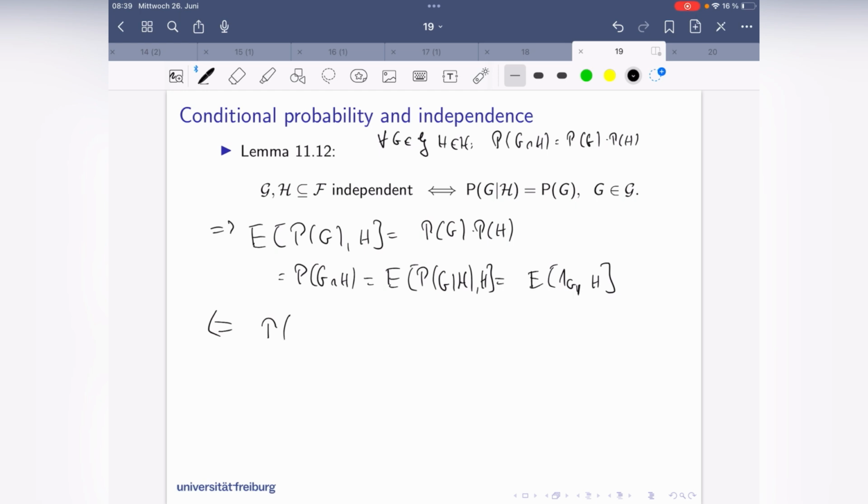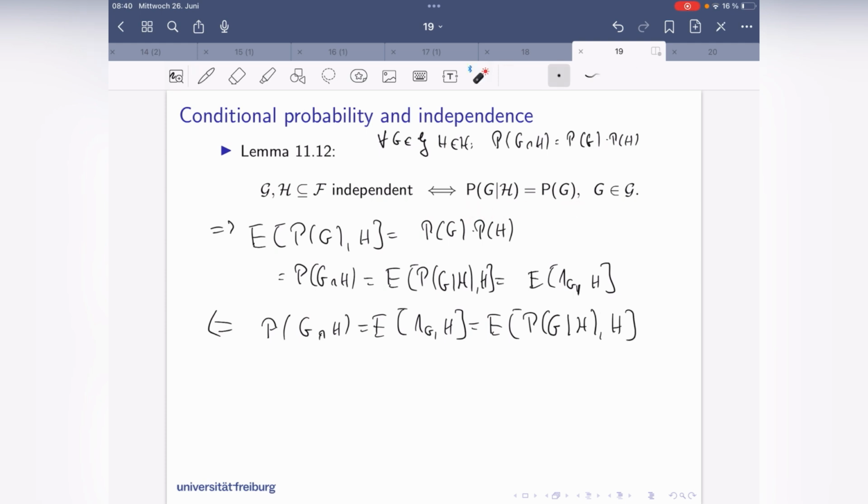So I start with the probability of G intersection with H. That's the expectation of the indicator of G times the indicator of H. By using the definition of the conditional expectation, I can exchange the indicator of G by the conditional probability of G given ℋ over H. Then I can use what I have, which is the conditional expectation equals the probability.